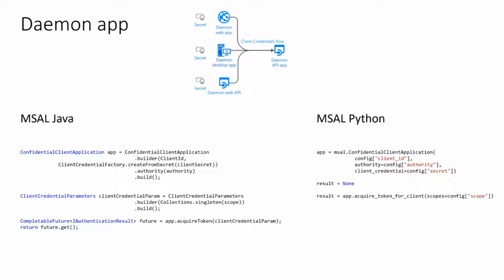So in this scenario, the MSAL uses a client credential OAuth flow. This flow basically uses the application's client ID and client secret and identifies itself to the identity platform to get a token for the API. So here you would provide the application ID and secret as a part of this flow.